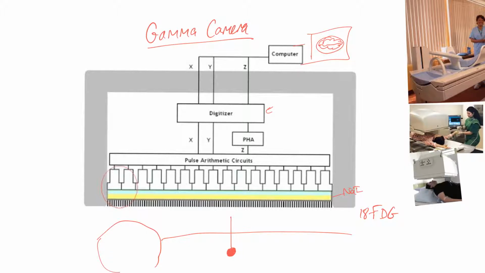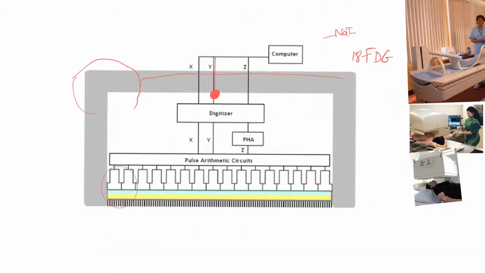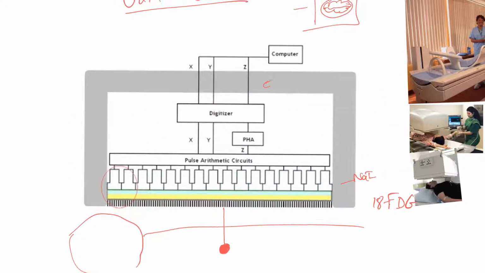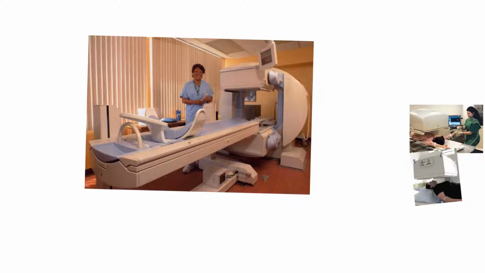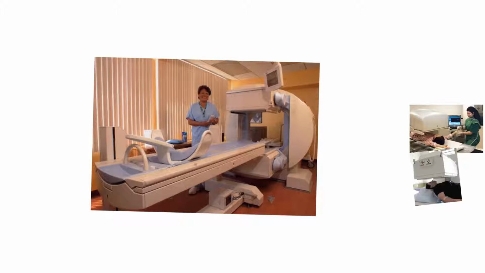Typical sort of gamma camera, what do they actually look like? So here's an example of one. Patient would lay on the bed and the gamma camera up here at the top.